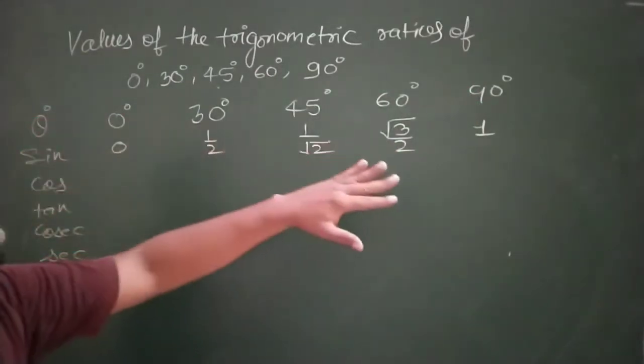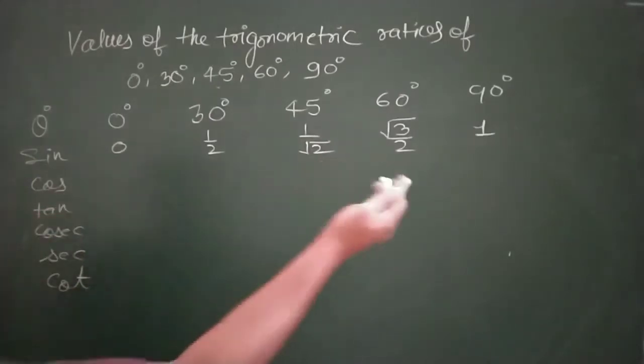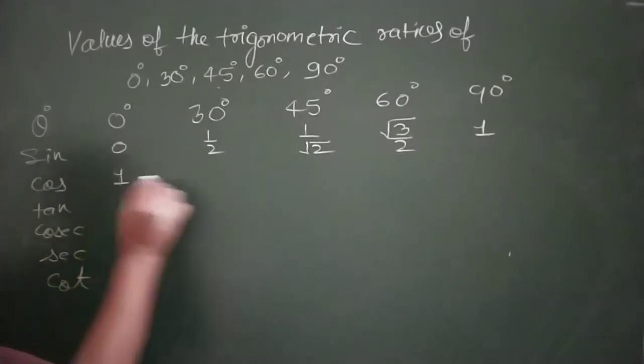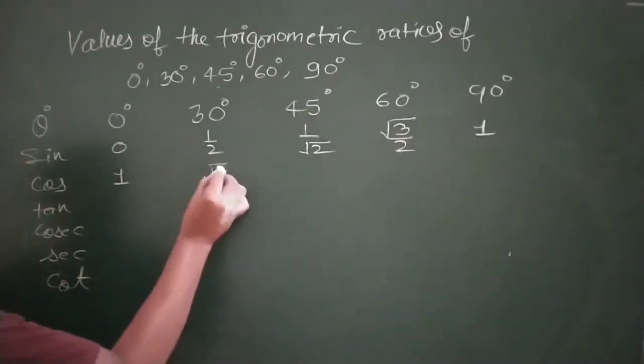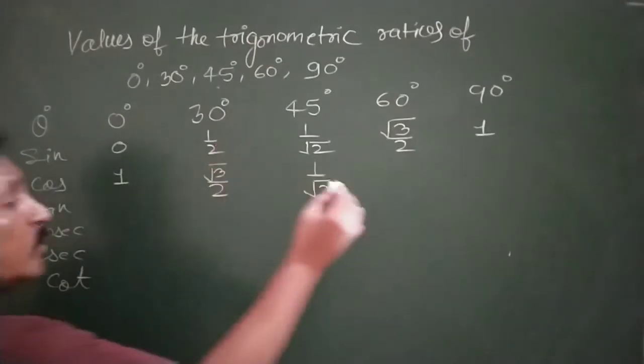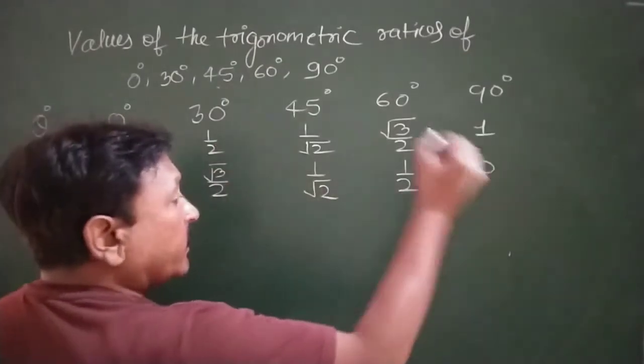Once you write the values for sine, for cos just write them in reverse order, means from 1, now root 3 upon 2, now 1 upon root 2, 1 upon 2 and 0.